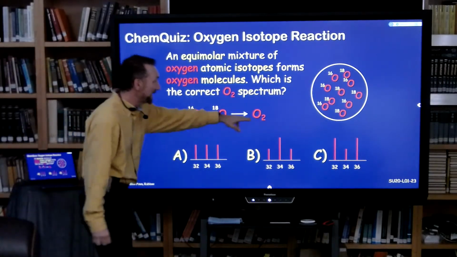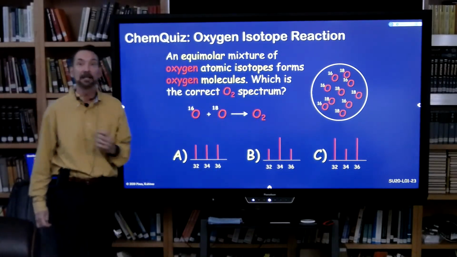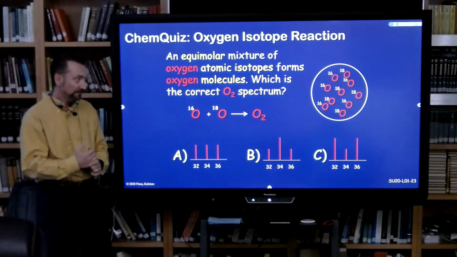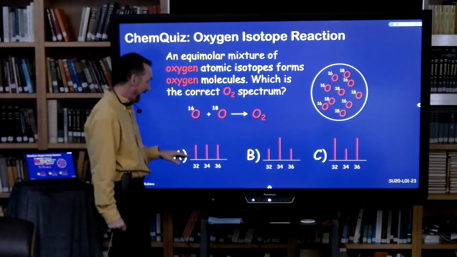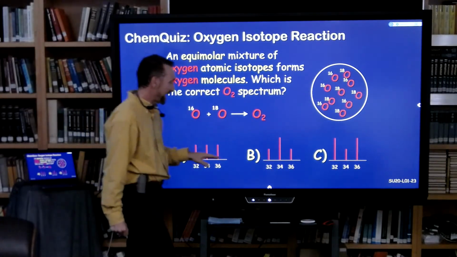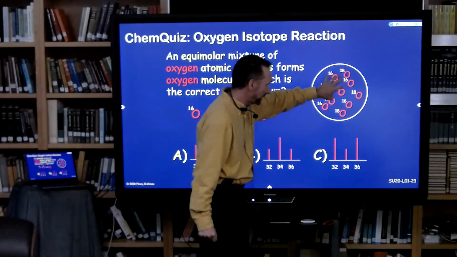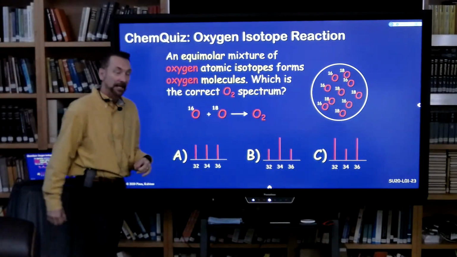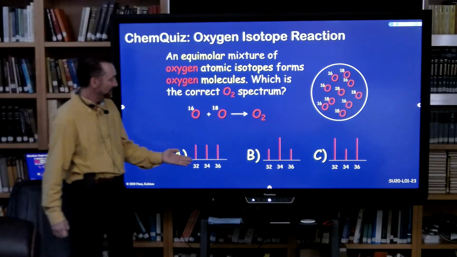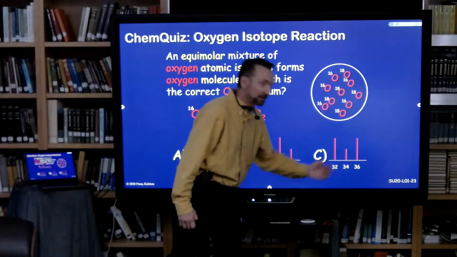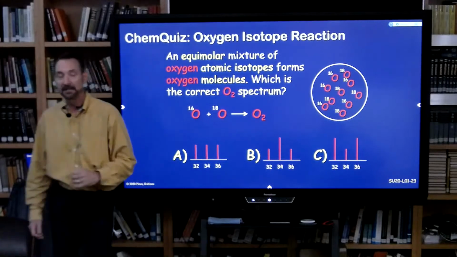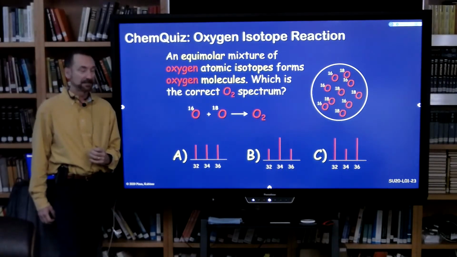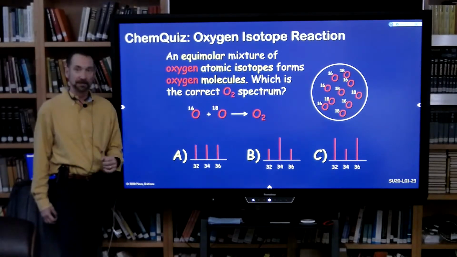And I'm going to let them react to form oxygen molecules. Completely react. That would happen very fast. And I'm going to take that sample, once it's all oxygen molecules, and inject it into my mass spectrometer. And I wonder if you can tell me what the mass spectrum would look like, what the ratio of those peaks would be at the various masses that are shown here.